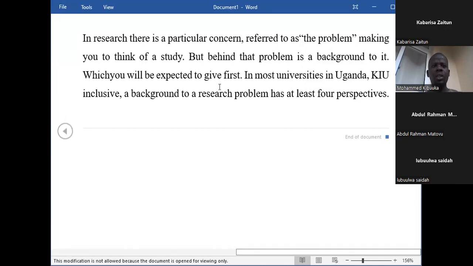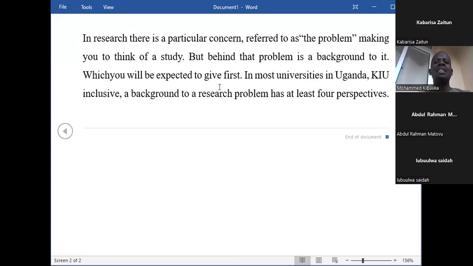Okay, so we said now, if you are talking about a problem existing in an area, your background should write about how the situation has been in the past to where it is now.